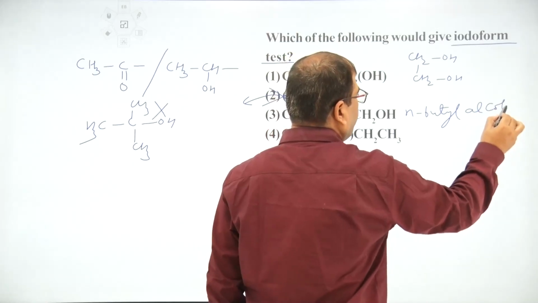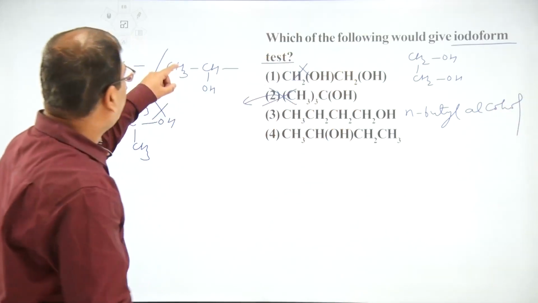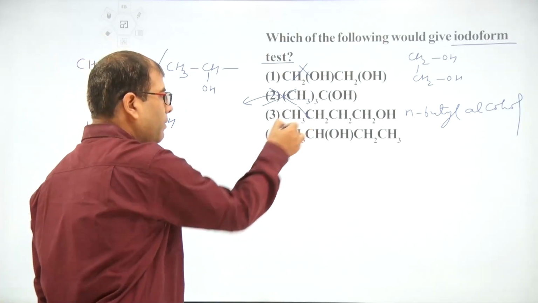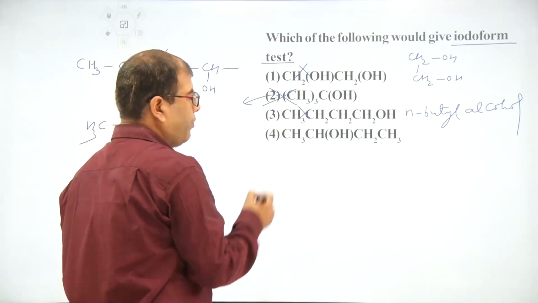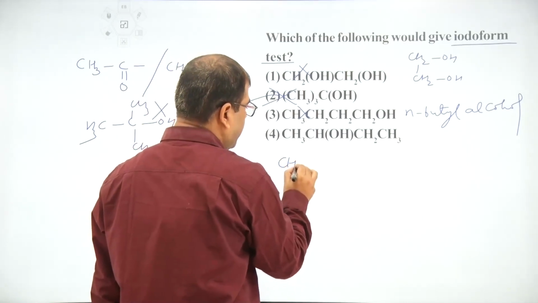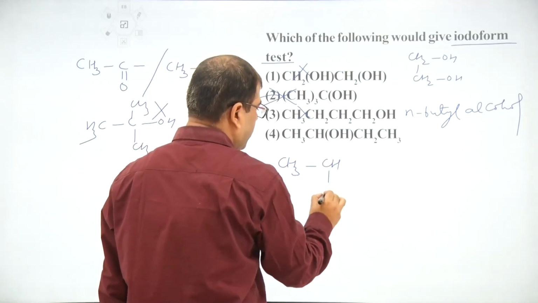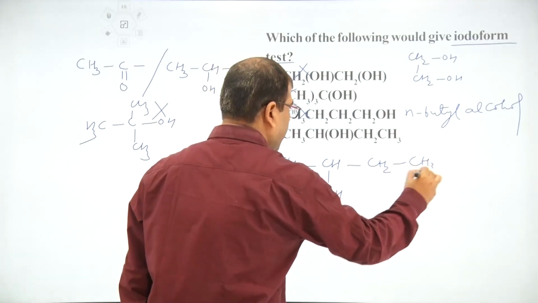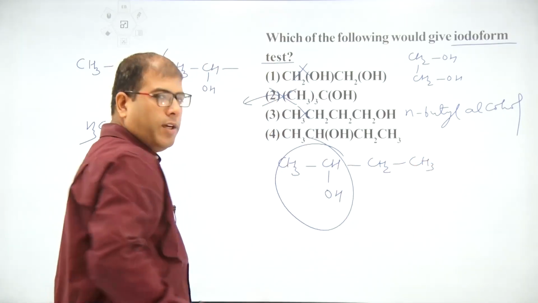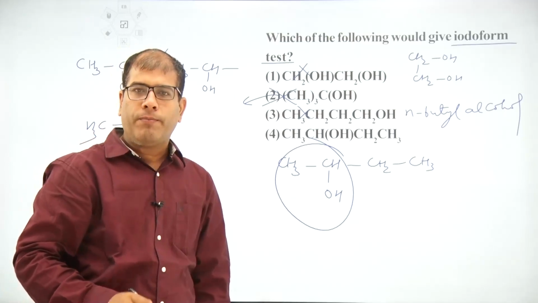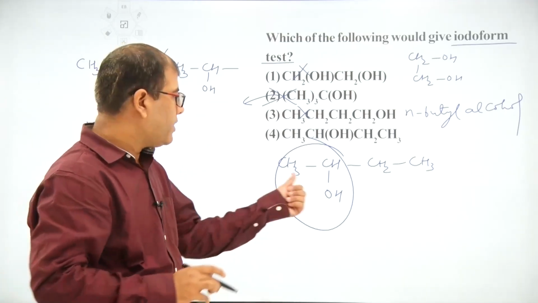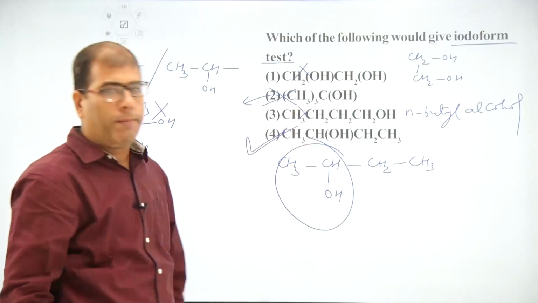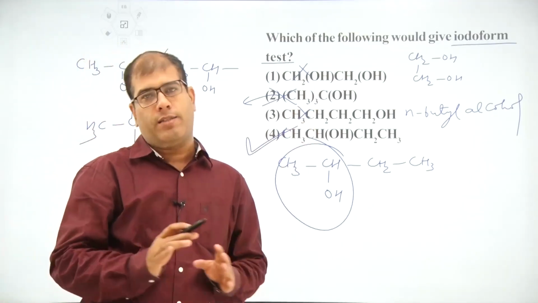Here also the CH3CHOH moiety is not present, so it cannot be our answer. Only one option is remaining, CH3CHOH, CH2 and CH3. This compound has the required unit to give iodoform test, CH3CHOH. So option 4 will be our correct answer.